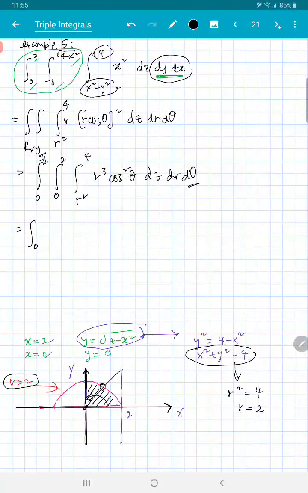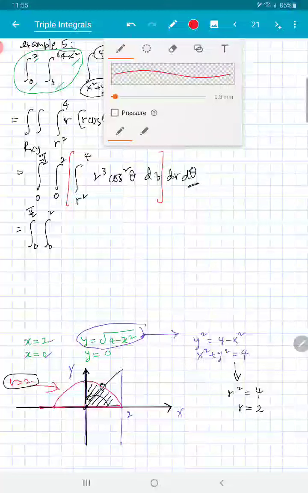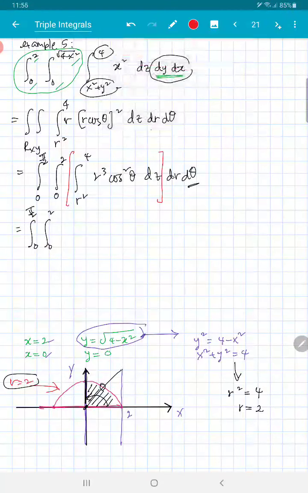Okay, so here we have 0 to pi over 2, 0 to 2. Now the inner integration is with respect to z. Let me write this in red. So here we're going to integrate this with respect to z, which means that we consider r and theta as constant. So we have r cubed cos squared theta considered as constant, and then integrate with respect to z.